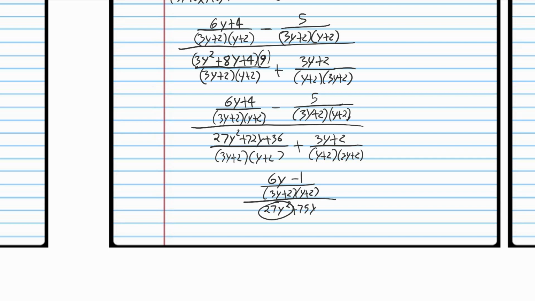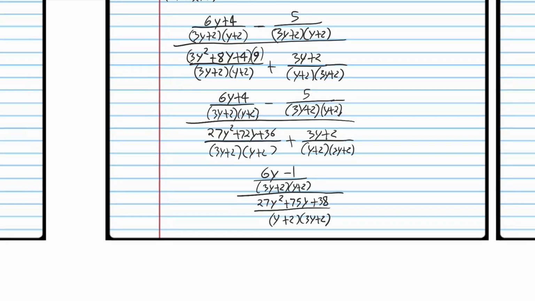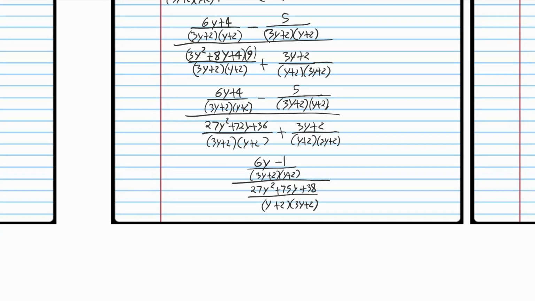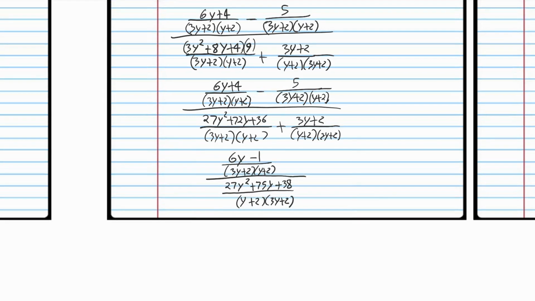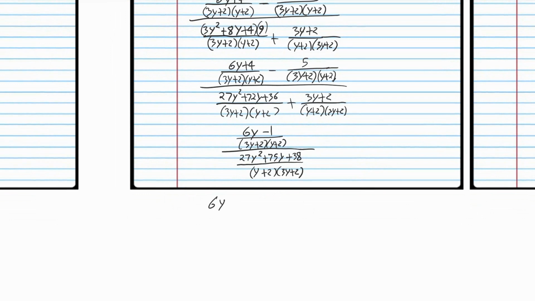You can't combine the y squared with the normal y's. And 36 plus 2 is 38. And then it just becomes, got to go to the old division sign.